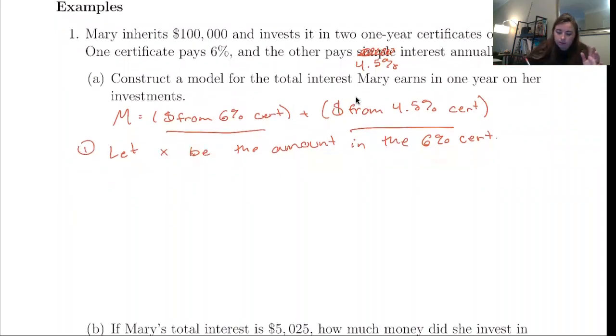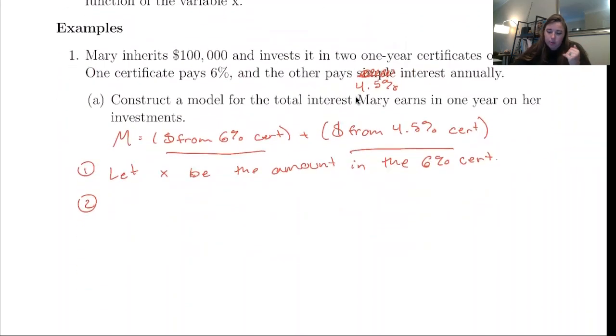So now in step 2, it says to translate words to algebra. So if I'm putting X in the 6%, how much is going to go into the 4.5? She only has $100,000.